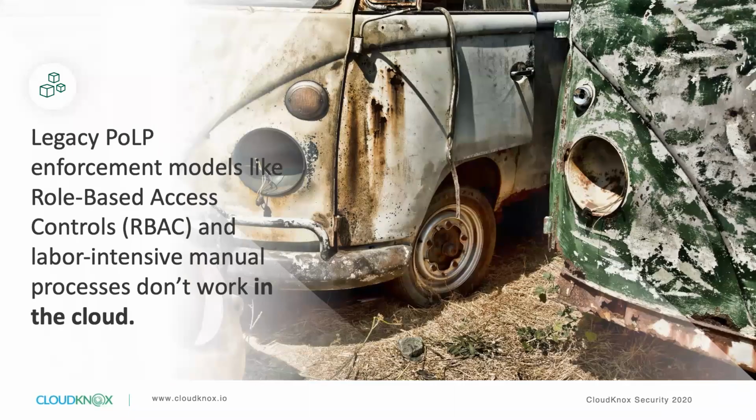So if we take another step back and think about this in the context of role-based access control, or RBAC, it can be very labor intensive to try to vet this out and incorporate this process manually. It really just doesn't work in the cloud. It's almost an impossible task.